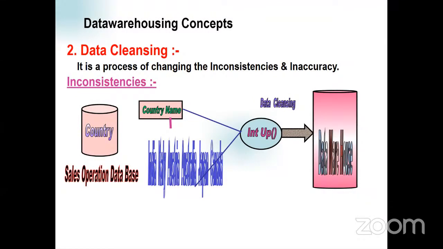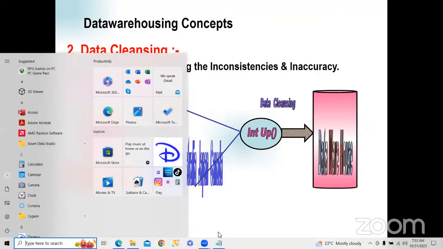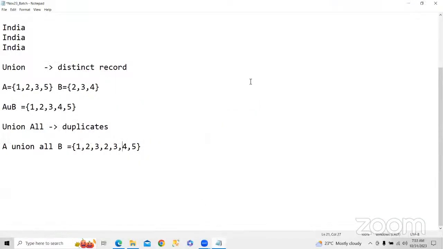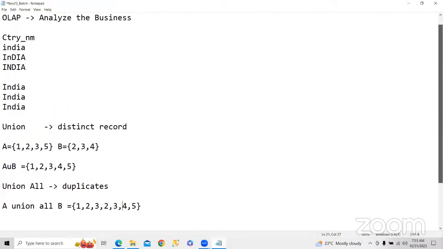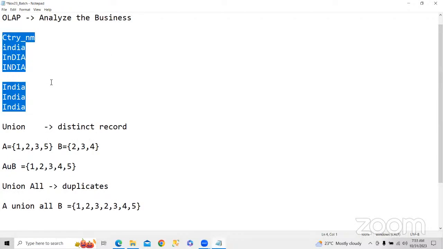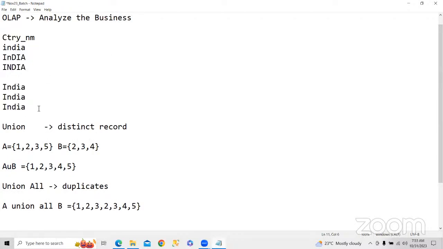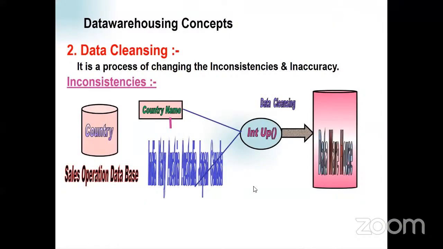The next thing is data cleansing. What is cleansing? Yesterday we saw one example. What is that? Inconsistency. Here the country name is not being received in the proper format, so I need to make it proper. The first letter should be initcap, which gives you the first letter in capital and the rest in small letters.